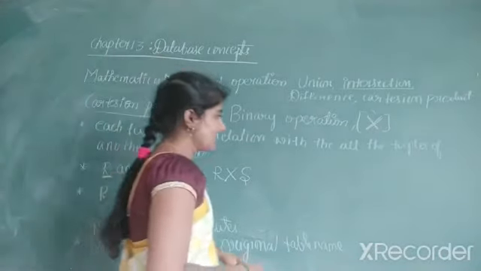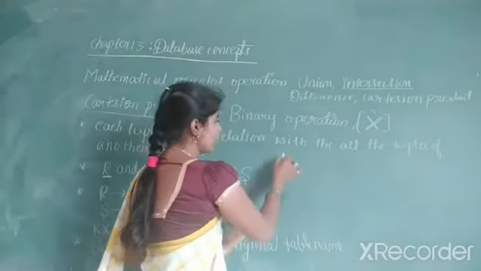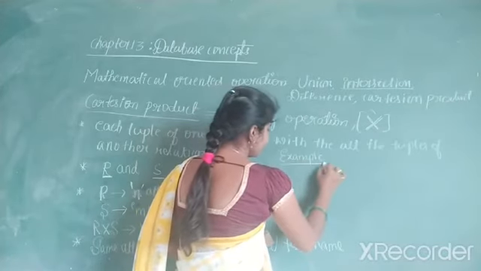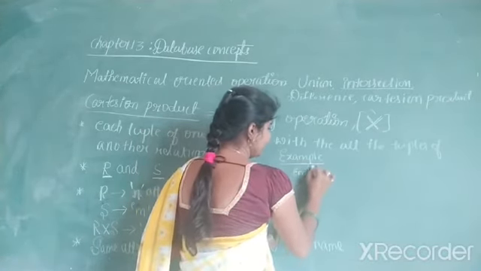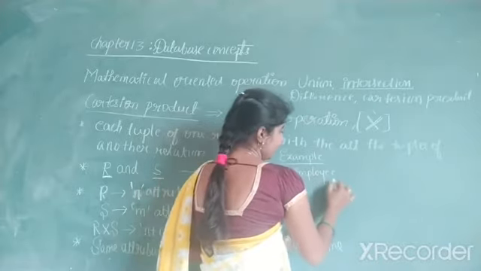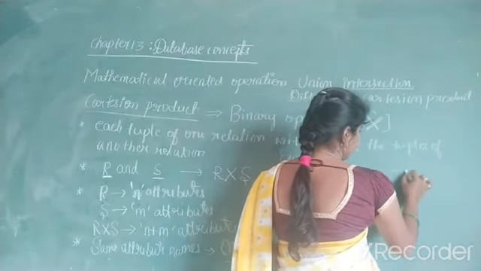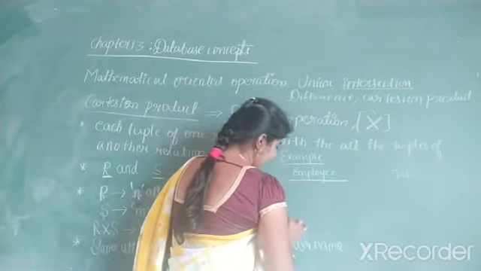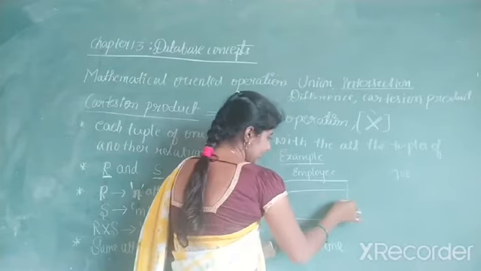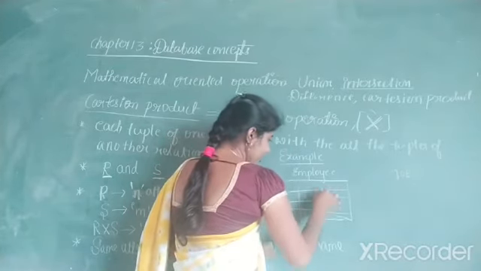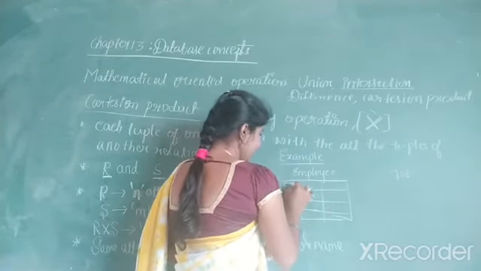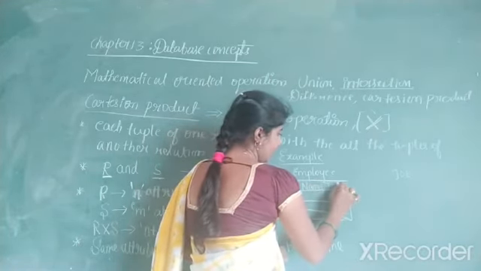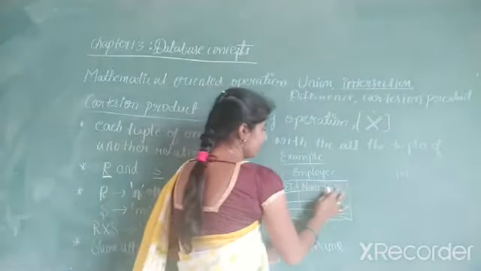So when you consider an example for this, you will get clarity about the Cartesian product. Consider an example. The first table I am considering is the employee table, and the next table is the job table. In the employee table, I have three attributes. One is employee ID, another is name of the employee, and next is job ID, or you may write it as JID.